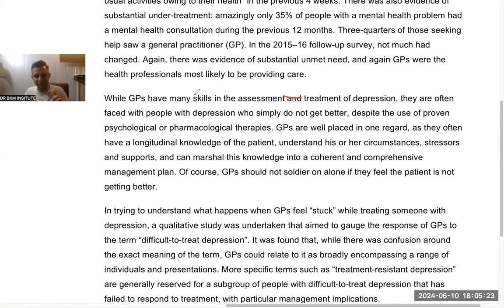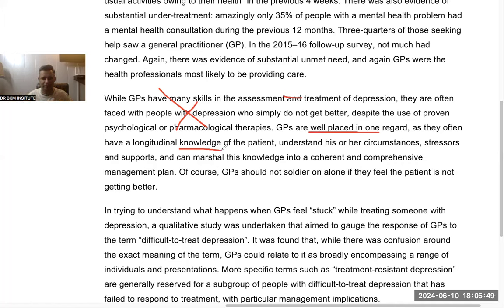In the first line, they say that GPs often face problems with patients who do not get better even after using psychological therapies. So in the first line, the author is not giving a suggestion. He is giving a situation where the patient is not improving. Then: GPs are well placed in one regard as they have a... He's again giving information, being informative, that GPs are better placed because they have longitudinal knowledge.